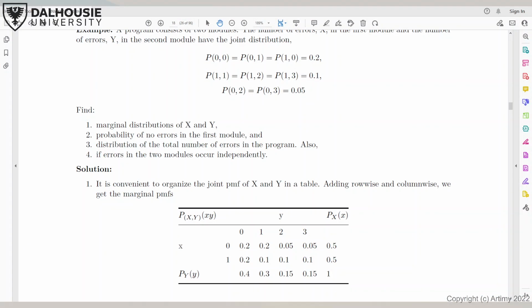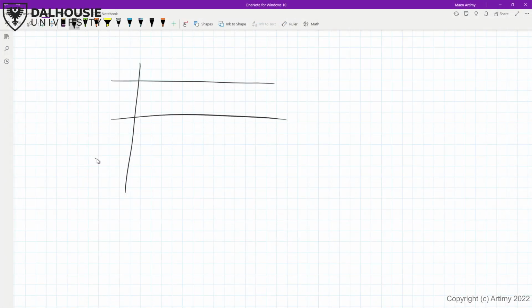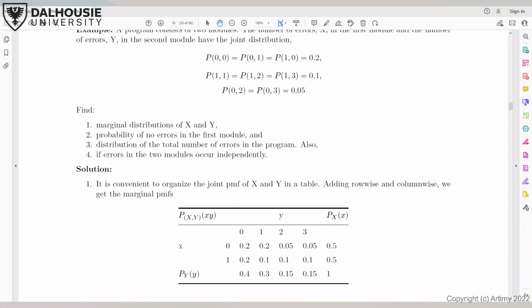Notice that for x the values are arranged in rows and we have only 0 and 1, right? So we have two values, 0 and 1. That's for x. For y, we have 0, 1, 2, 3.